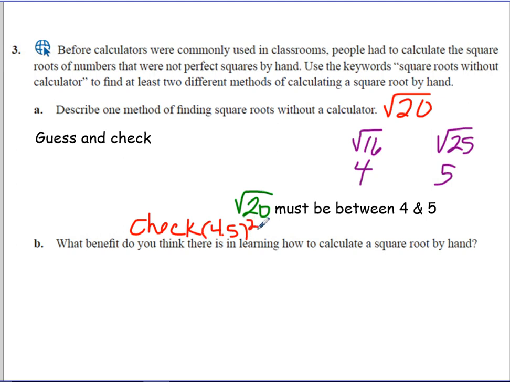And if we took 4.5 times 4.5, we would get 20.25. So then maybe we would check 4.4.